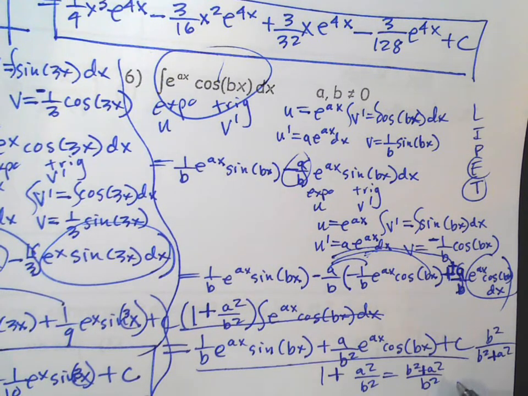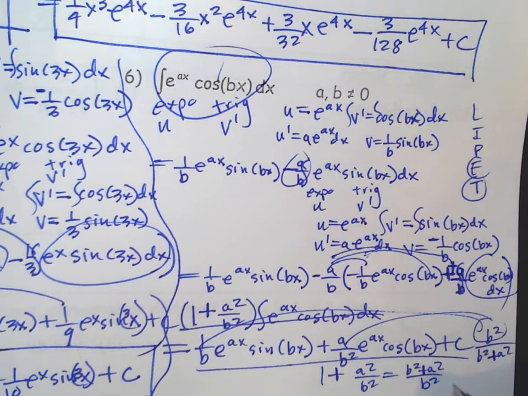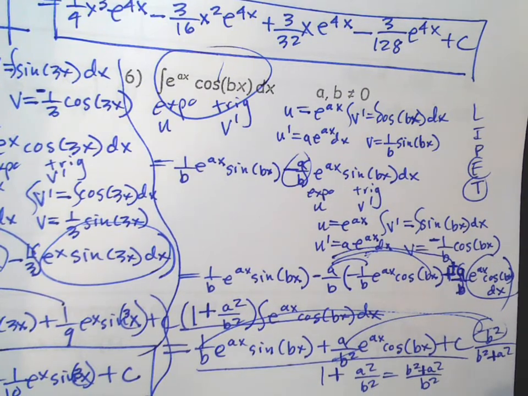We could distribute this b squared, so this would end up being just b. And then this would be plus a e to the ax cosine bx, because the b squares would cancel. And then it would all be over a squared plus b squared. And there would be a plus c.